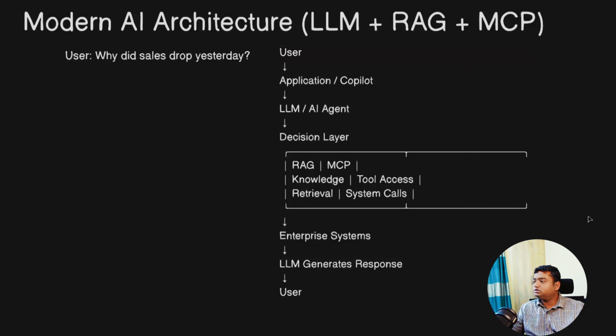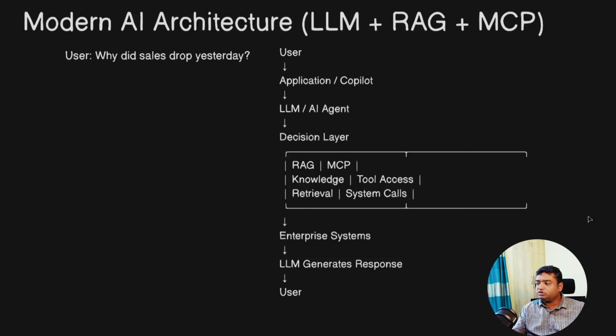Now you can see the architecture of this. The user has asked the question. The application can be Copilot, a Claude desktop, anything in which you can use MCP. Then the LLM or AI agent does the decision layer. It decides whether you want to go to RAG or MCP: RAG in case of knowledge retrieval, MCP in case of tool access and system calls.